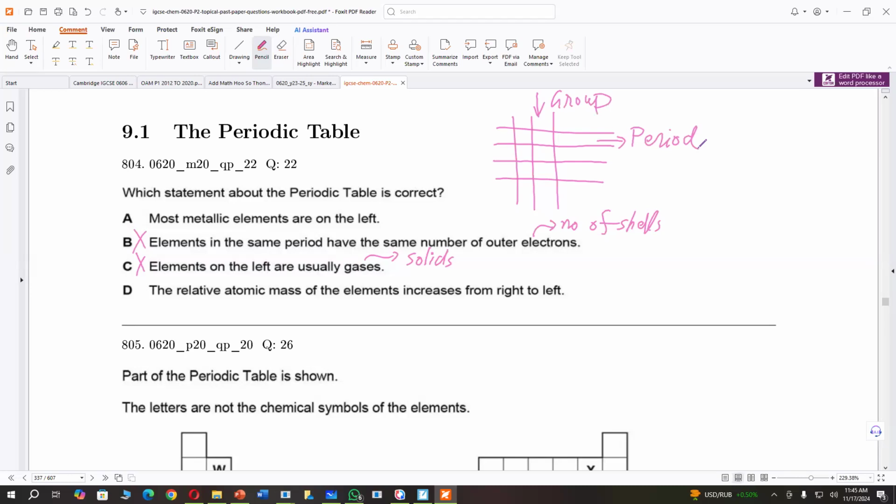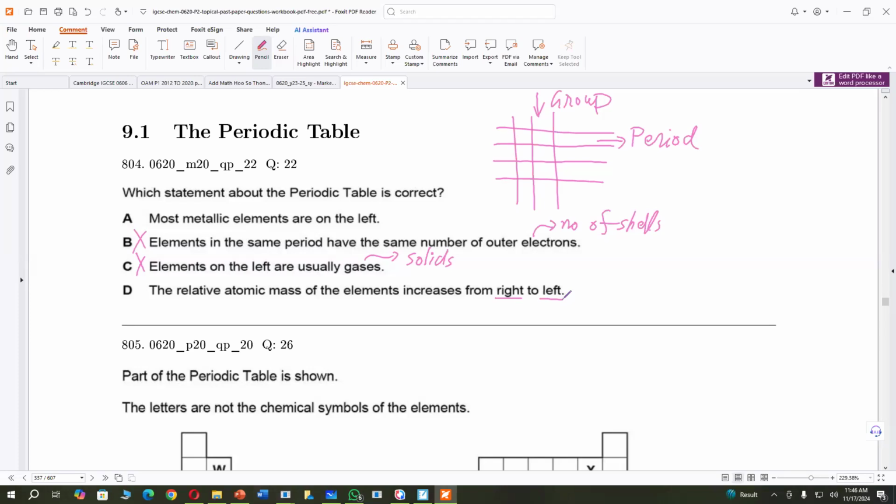Period is horizontal. If you draw like this, this is a group and this is a period. If it was group, then it would be correct. Can you open your periodic table and see that atomic number increases from right to left?